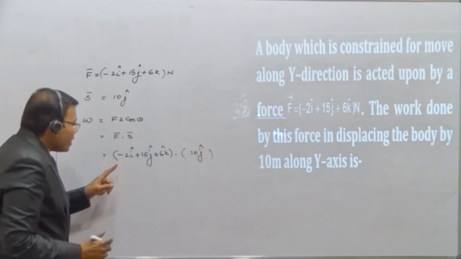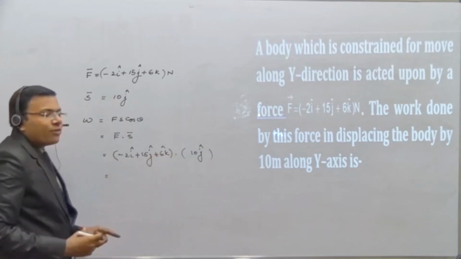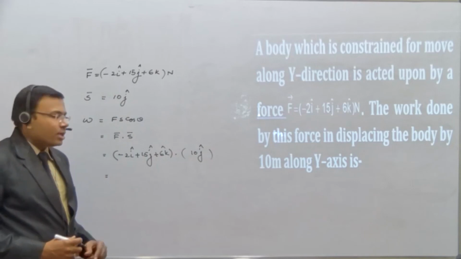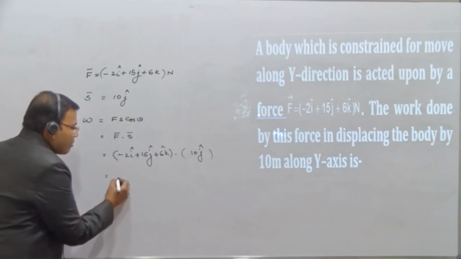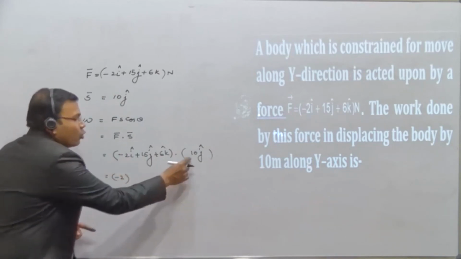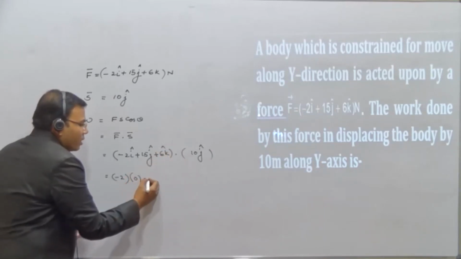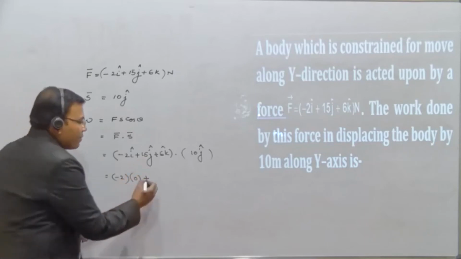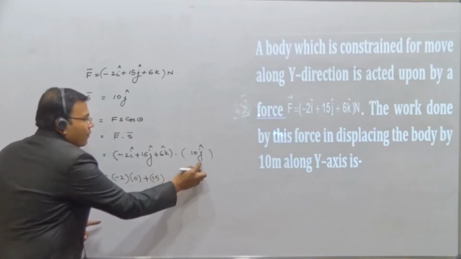So here, I just multiply the coefficients, like how we find the scalar product. The coefficient of i here is minus 2, and here we don't have any term, so it is 0, plus always. Then the coefficient of j is 15, and here the coefficient of j is 10.